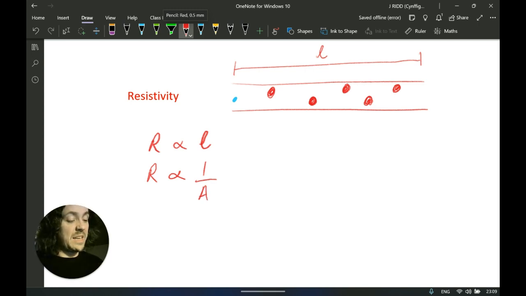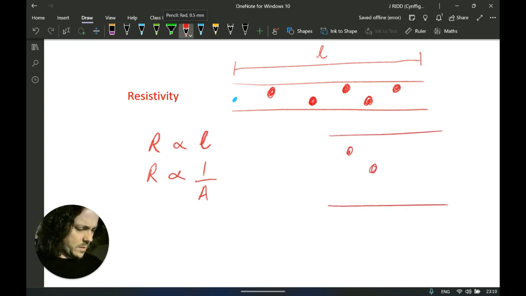In other words, in this first analogy, I did a very narrow wire. What if I had a really thick wire? Well, if I had a really thick wire, the electrons are not so, if you imagine it in simple terms, bunched in. They're not walking in single file. They've got plenty of room, and therefore they'll flow that much better.